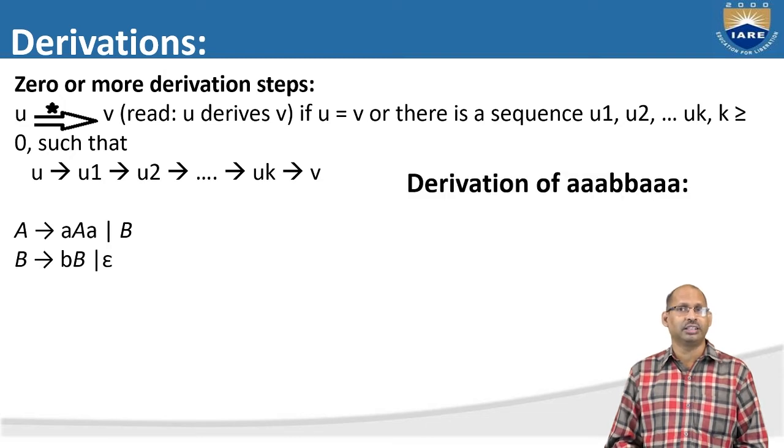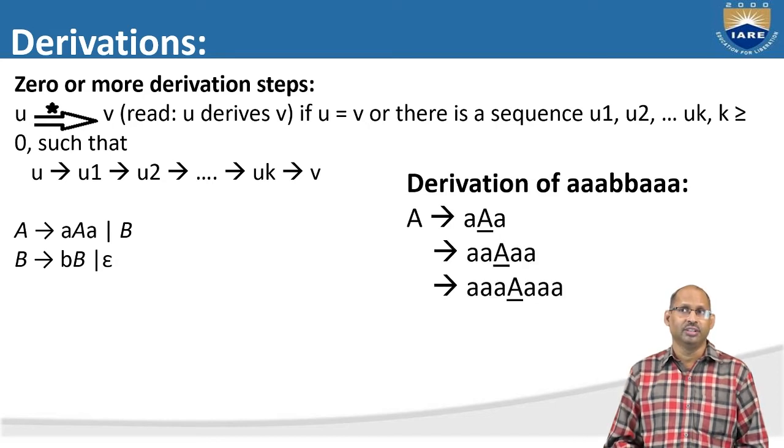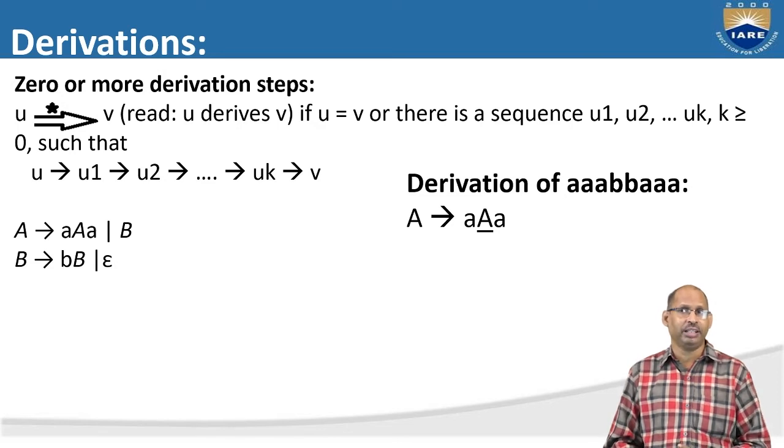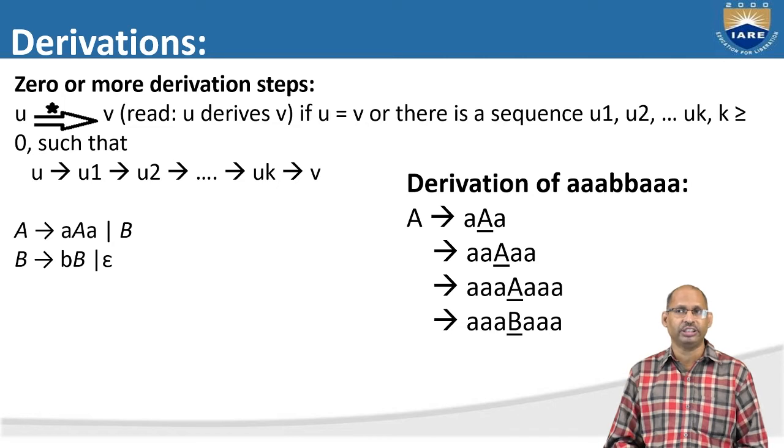Here we are considering the same example, the same string. First we apply the production A gives A. Then we apply the same first production once again, giving capital A, 3S, by applying the first production.